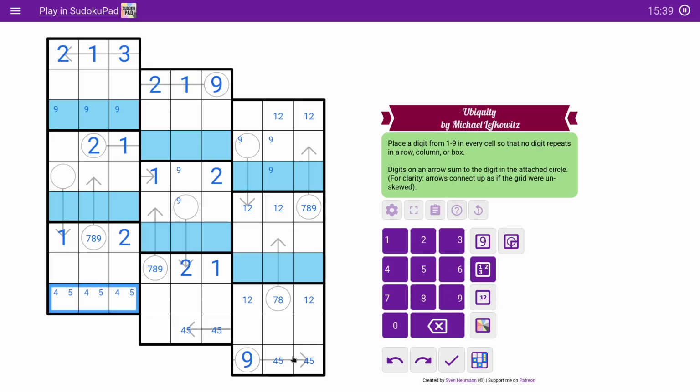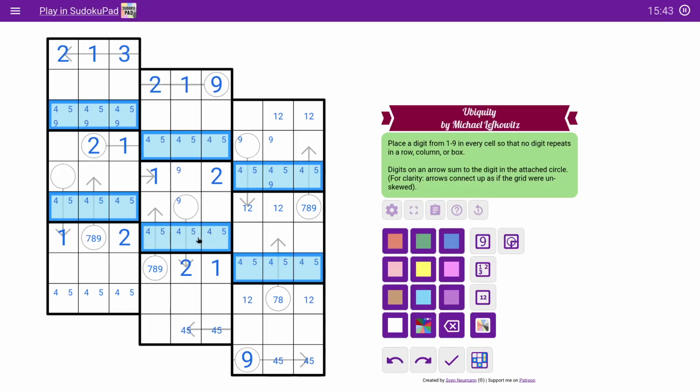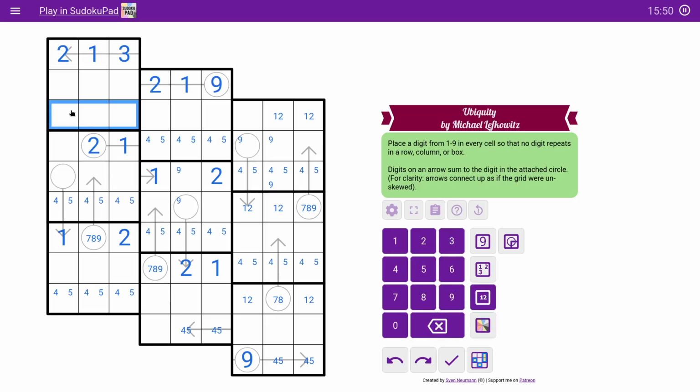So we have, let's just do it like this. It really is entertaining how this puzzle cascades up and down. I like it.